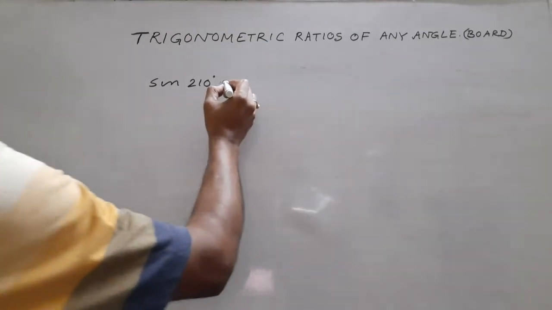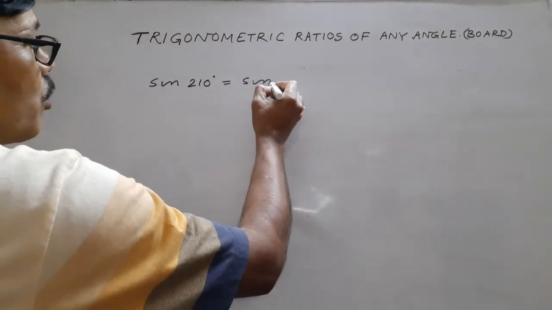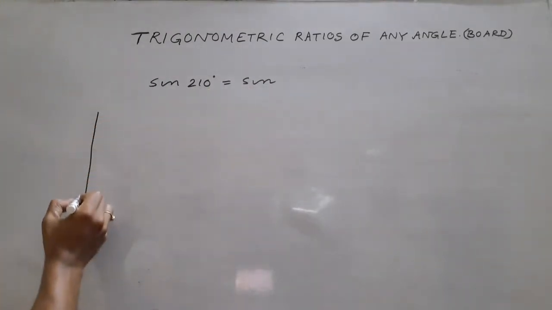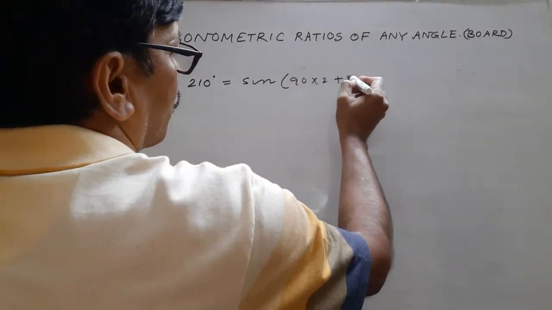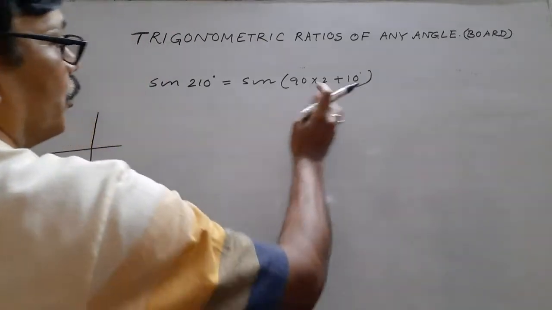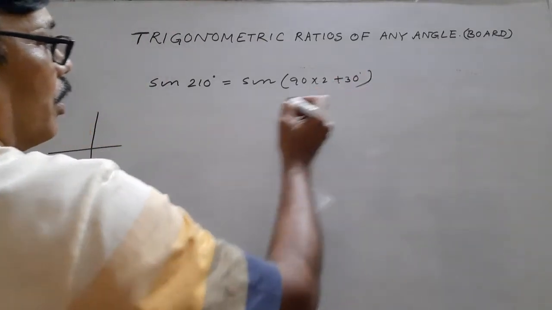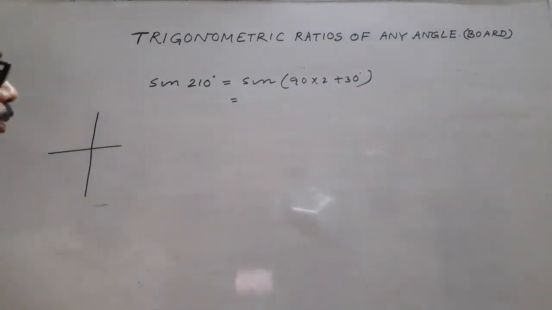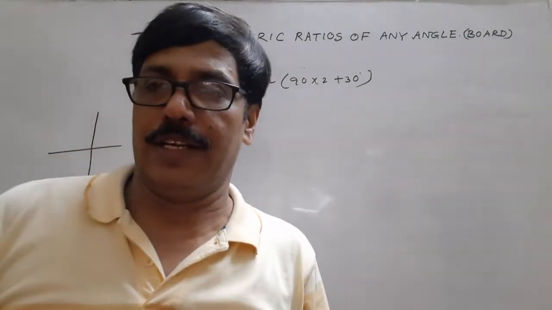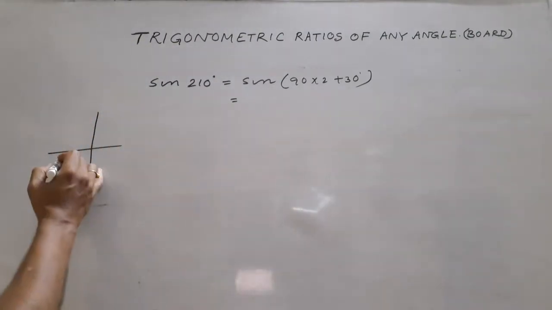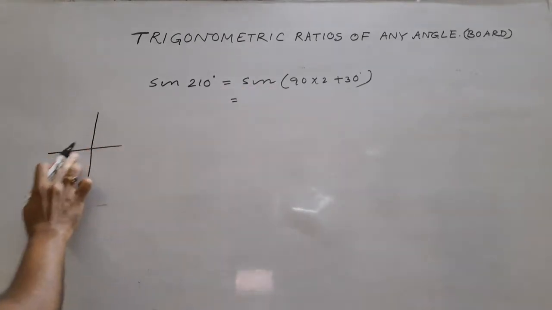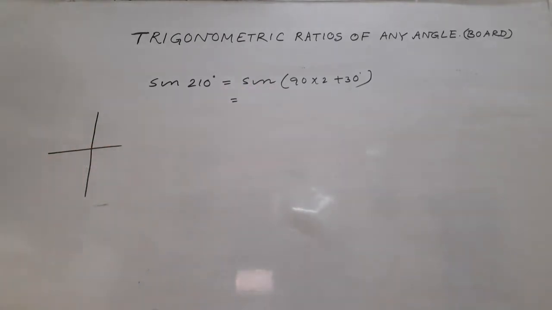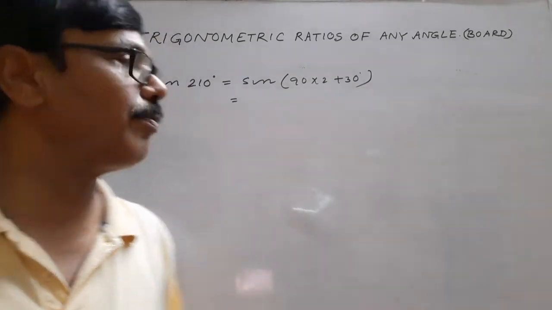We can write it in terms of 90 into 2 plus 30. So this is greater than 90, and it belongs to the third quadrant.